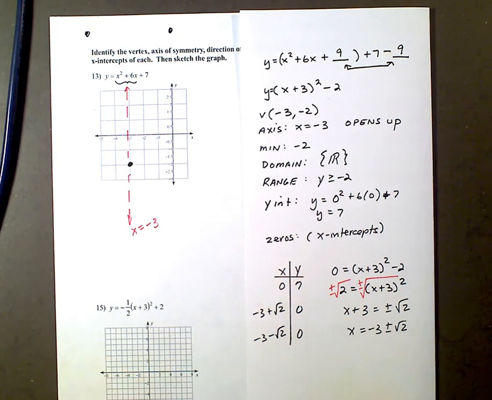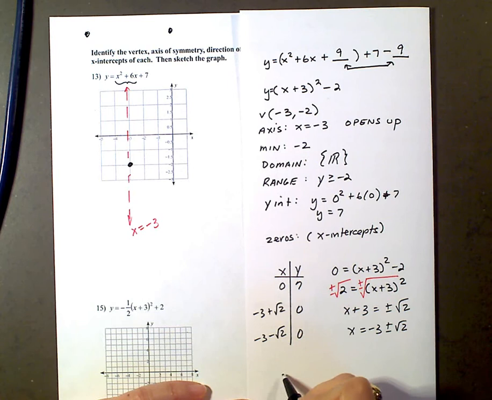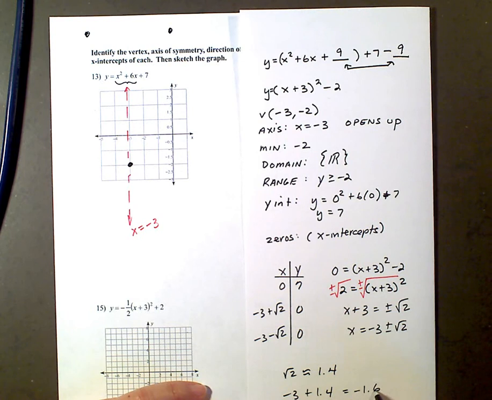So let's look at what that would be. Square root of 2 is approximately 1.4. So negative 3 plus 1.4 is going to be at about negative 1.6. And negative 3 minus 1.4 is going to be at approximately negative 4.4.